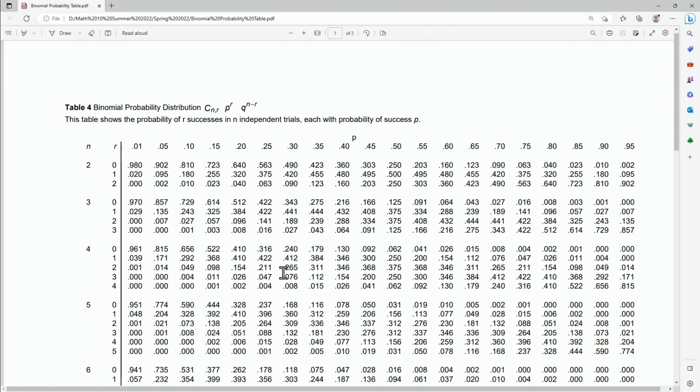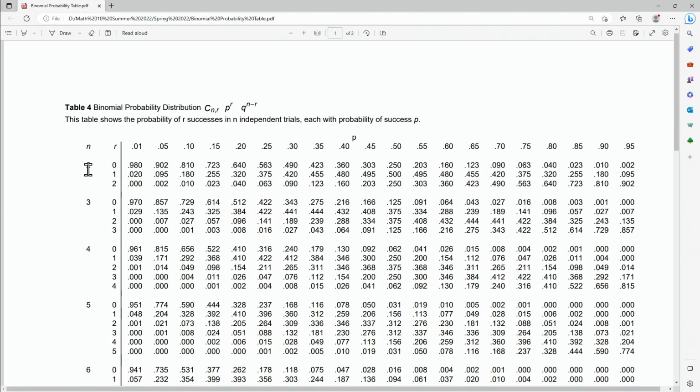Anyway, we'll go back to this table, but you'll notice that each of these columns is representing a certain probability of success P. So for example, this column right here would represent a probability of success of 0.45. So if your probability of success is 0.45, you would be looking at this column. And then if you look on the left side, each of these rows is labeled.